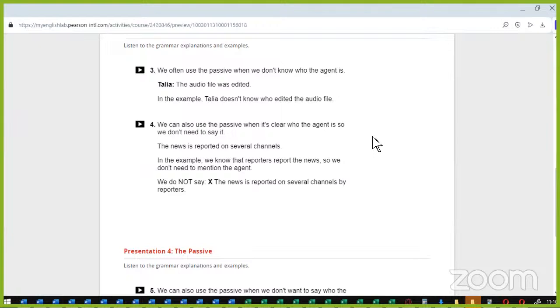The news is reported on several channels. In the example, we know that reporters report the news, so we don't need to mention the agent. We do not say the news is reported on several channels by reporters.